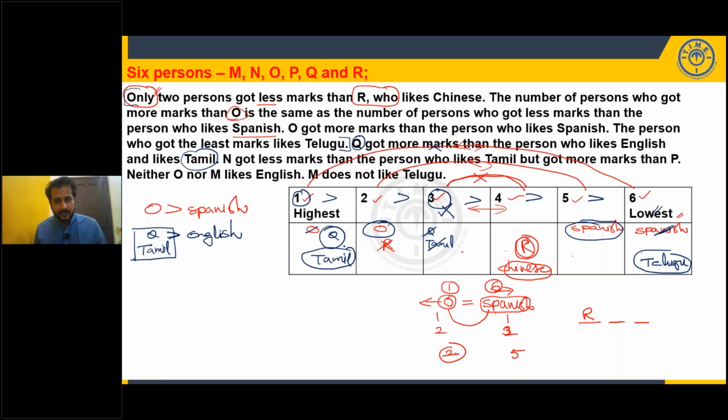Okay. So out of the 6 languages, how many are fixed? 4 languages. Now, what are the other 2 languages? One is English. Where can I place English? One of these 2 positions. The other language, not written here, is French, which was there in the previous slide.